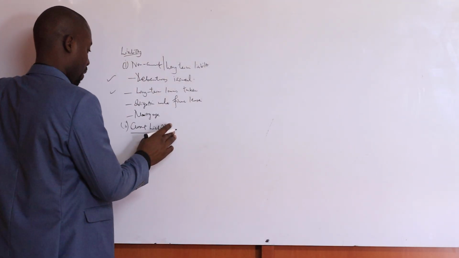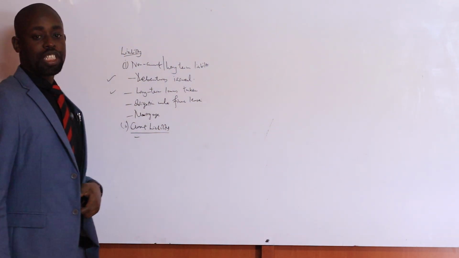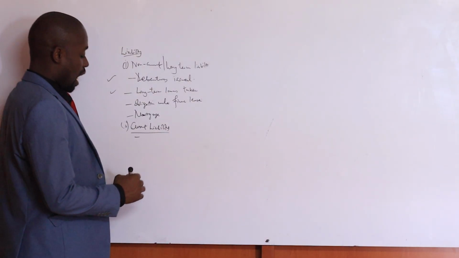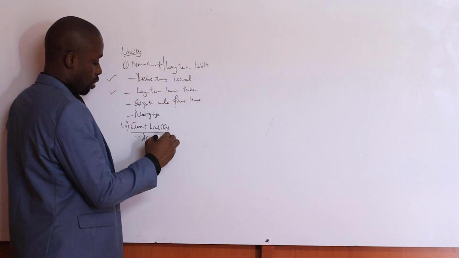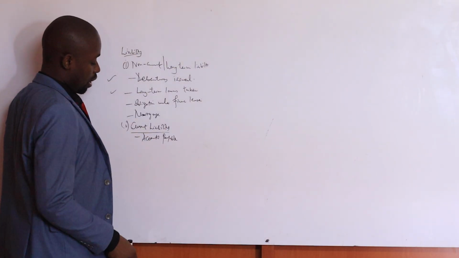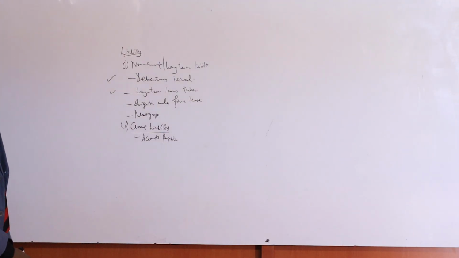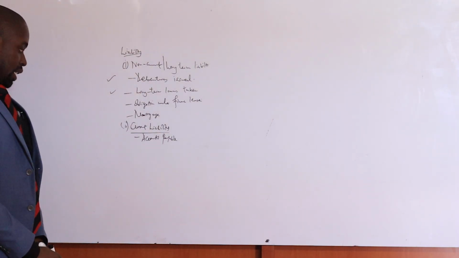The common type of current liabilities is from the goods you've taken from suppliers to pay for later, called accounts payable, or trade payables. These are the main, common type of current liability for any business.